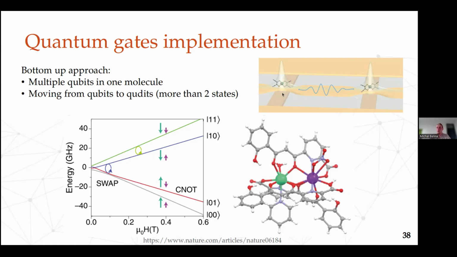I think they created only coupling between two molecules, but this is a systematic way to connect multiple molecules to scale up the system.